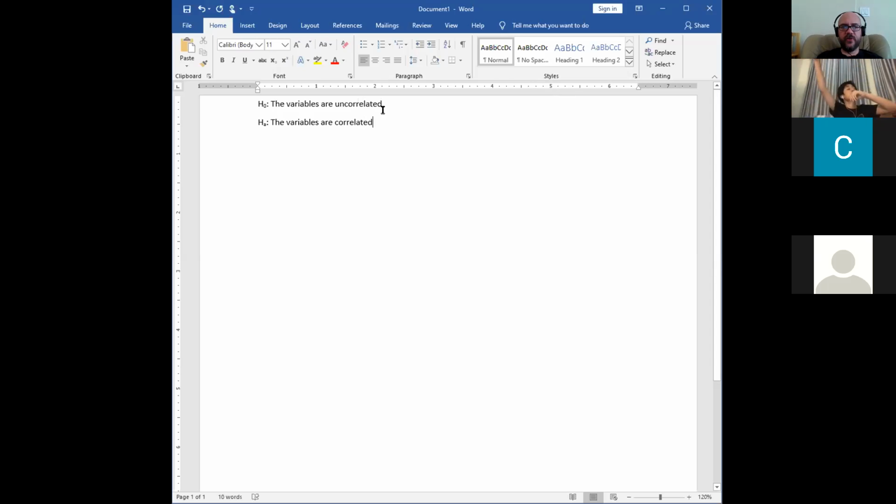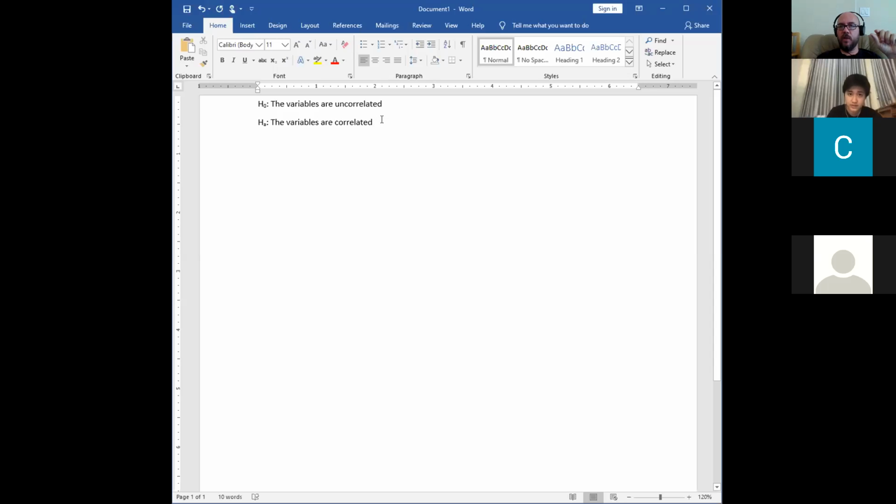We look at this as beta and rho equals 0, and beta and rho not equal to 0 for our hypotheses. The way to think about it is that beta and rho equals 0 means x and y are uncorrelated, and beta and rho not equal to 0 means that they are correlated.